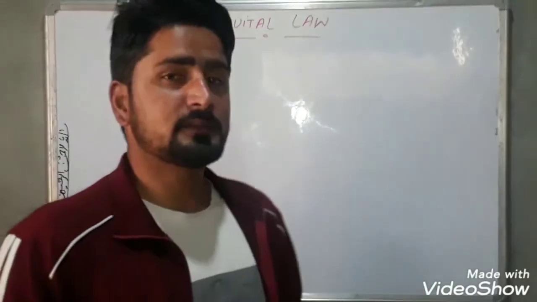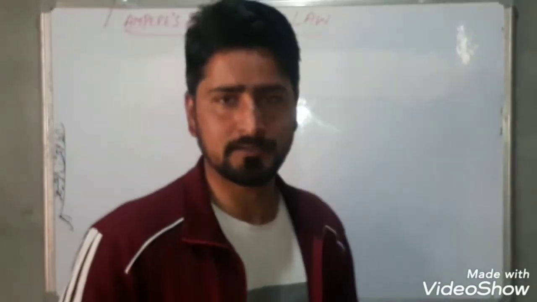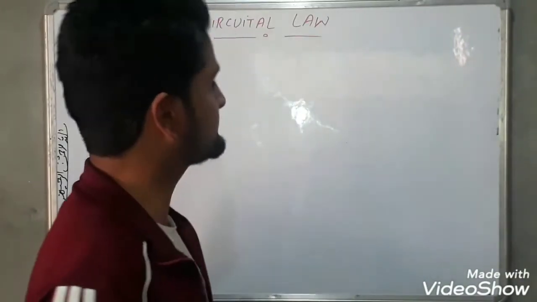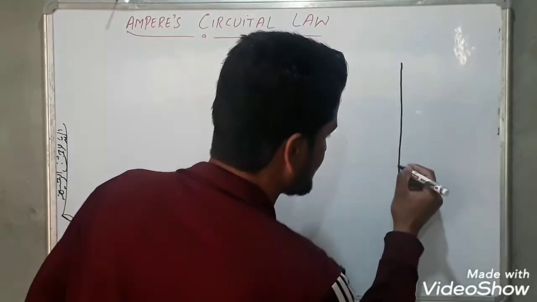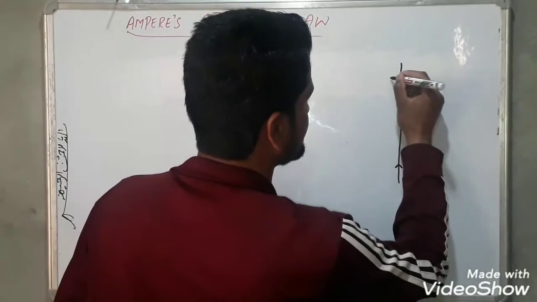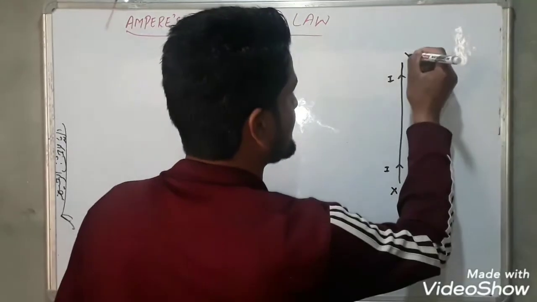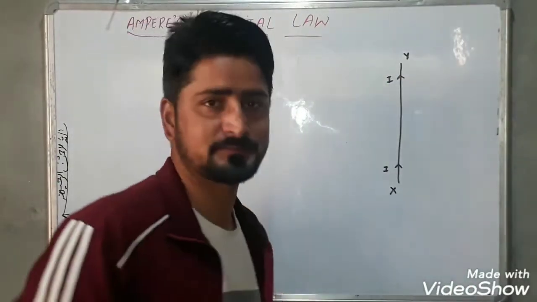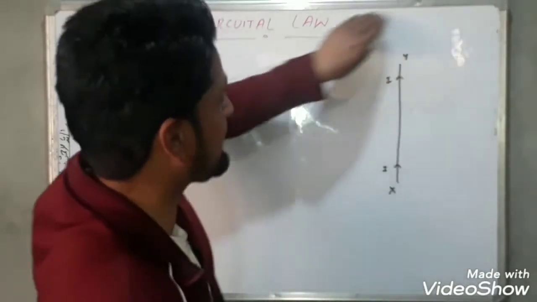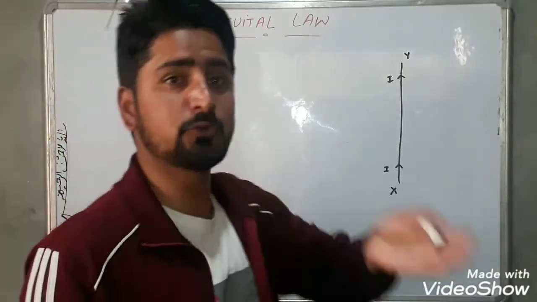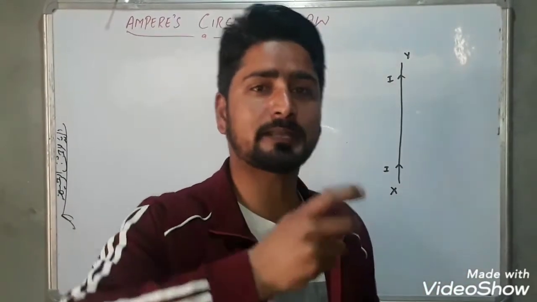Now Ampere's Circuital law, the law which gives the relationship between magnetic field and electric current. We will discuss that. Suppose we have a current carrying conductor carrying current I in this direction. See, from X to Y there is the flow of current. Okay, so around this current carrying conductor there will be magnetic field. And we know that we represent that magnetic field by the imaginary lines called magnetic field lines.